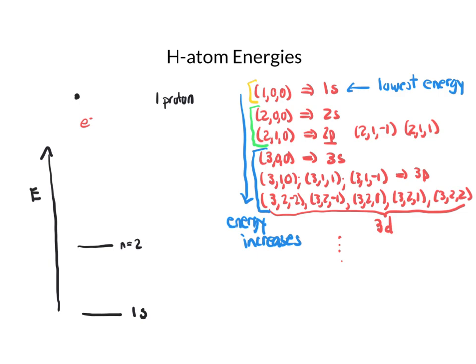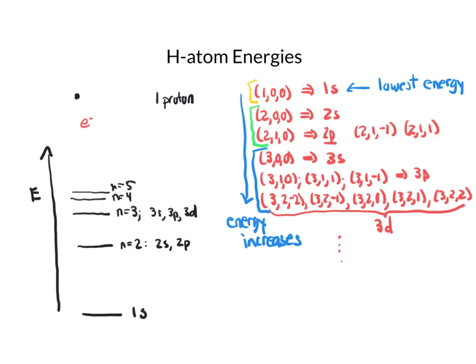So this would be both the 2s and the 3 different 2p orbitals having this energy. And then I would have N equals 3, where all the 3s, the 3p, and the 3d orbitals have that same energy. And then I would have N equals 4, and then N equals 5, etc.